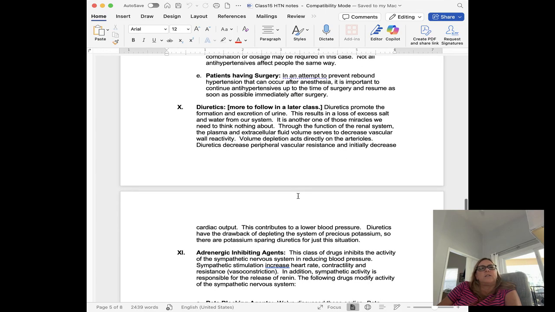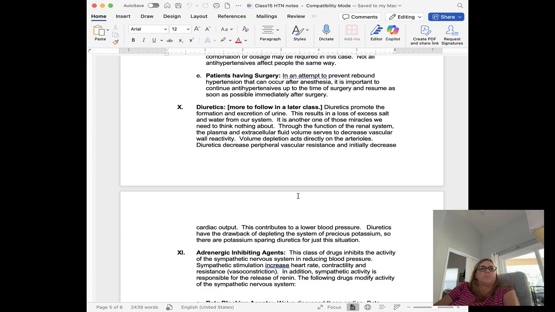We are going to go into all of these in the upcoming weeks, but I just want to tell you, diuretics will promote formation and excretion of urine. That will also cause a loss of sodium and water from our system. Also, through the function of the renal system, it serves to decrease vascular wall reactivity.